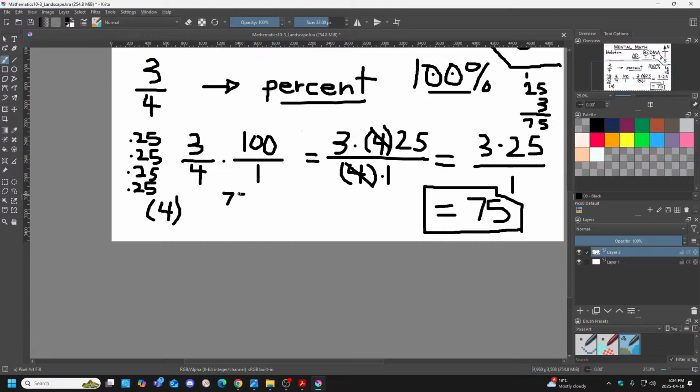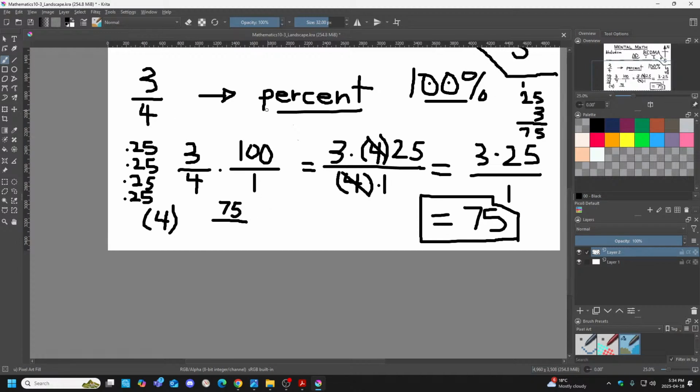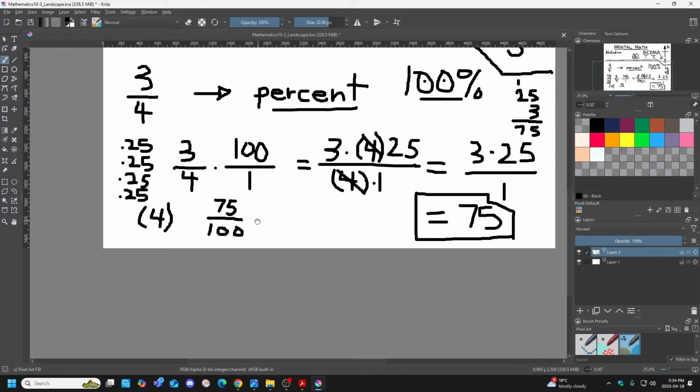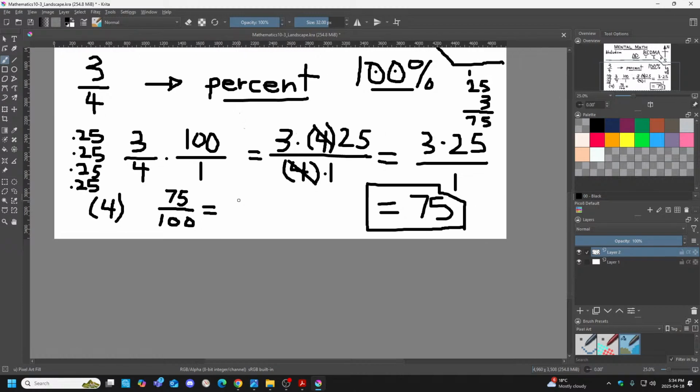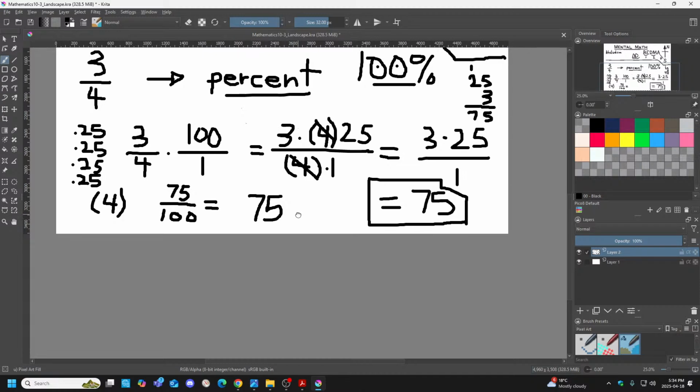I should have cleaned it up, but I'll just write it here. To convert a decimal to a percent, we divide it by 100, right? So when we do that, what happens is the decimal jumps. Okay? So I'm going to go like this, and I'm going to write 75. I'm kind of running out of room, but I'm going to show the work here. Okay, so basically it's 75 divided by 100.